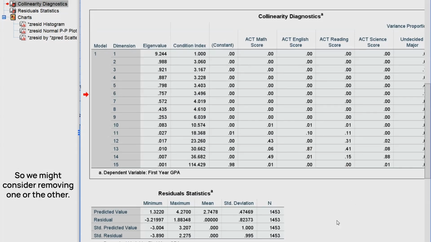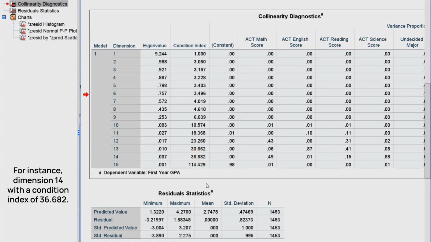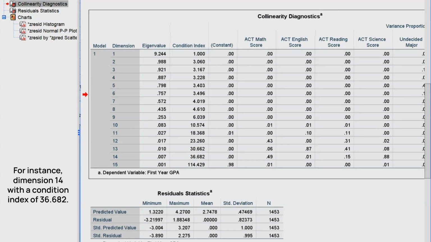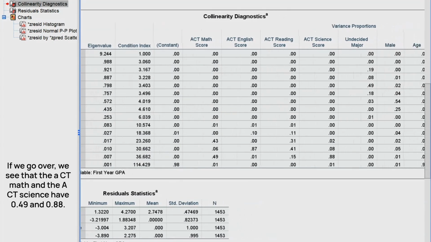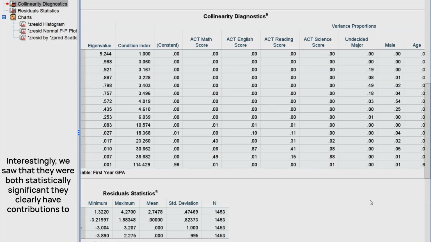So we might consider removing one or the other. And then we look also at, for instance, dimension 14 with a condition index of 36.682. If we go over, we see that the ACT math and the ACT science have 0.49 and 0.88. Interestingly, we saw that they are both statistically significant.